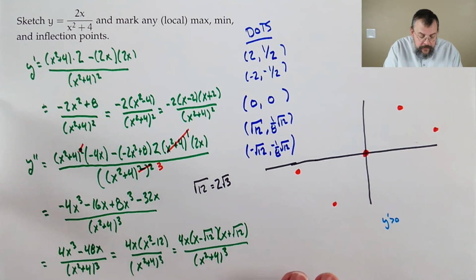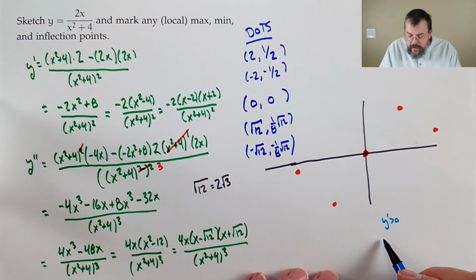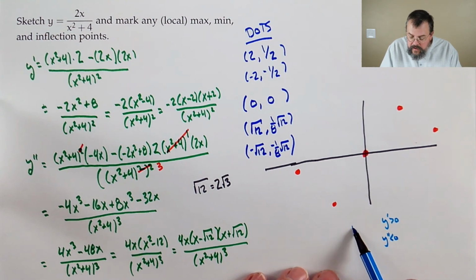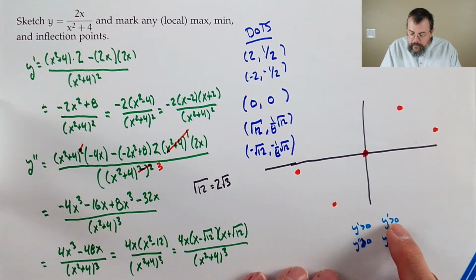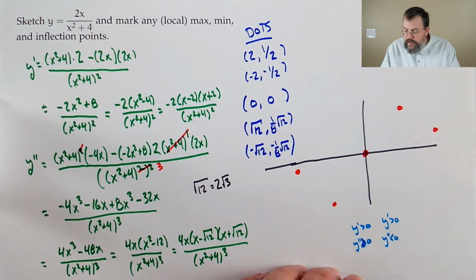Plug in 1, 4 minus 48, negative. So, we're concave down. Now we come over here, that says y prime still positive, but y double prime is now also positive. Because symmetry says you don't change y prime, you do change y double prime.